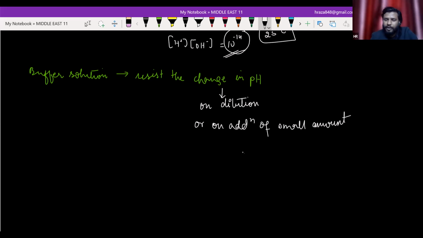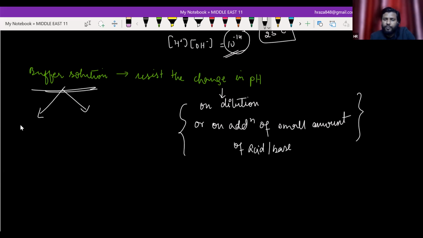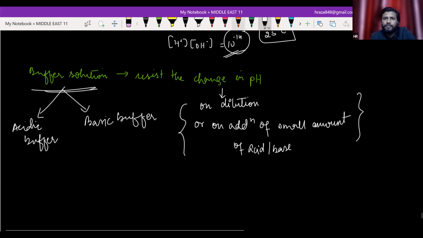Or on addition of a small amount of acid or base, a solution which resists the change in its pH when you are diluting it or adding a small amount of acid or base, that is called a buffer solution. Basically, this is of two types, that is acidic buffer and the other is basic buffer. Now we discussed acidic buffer.